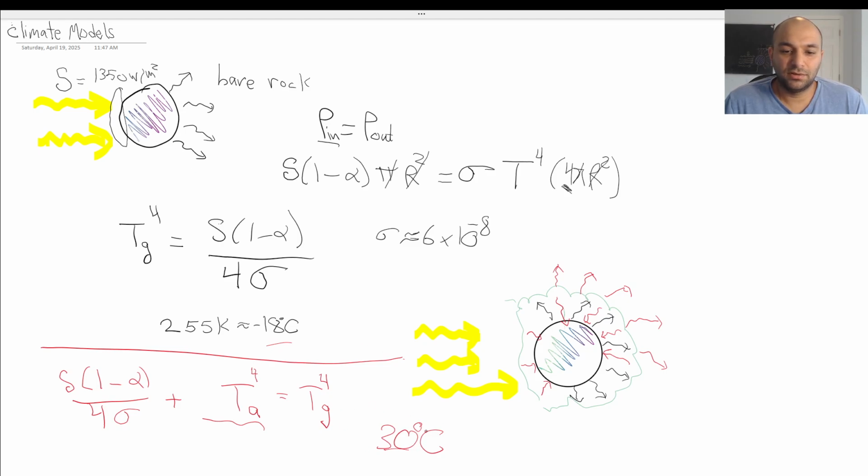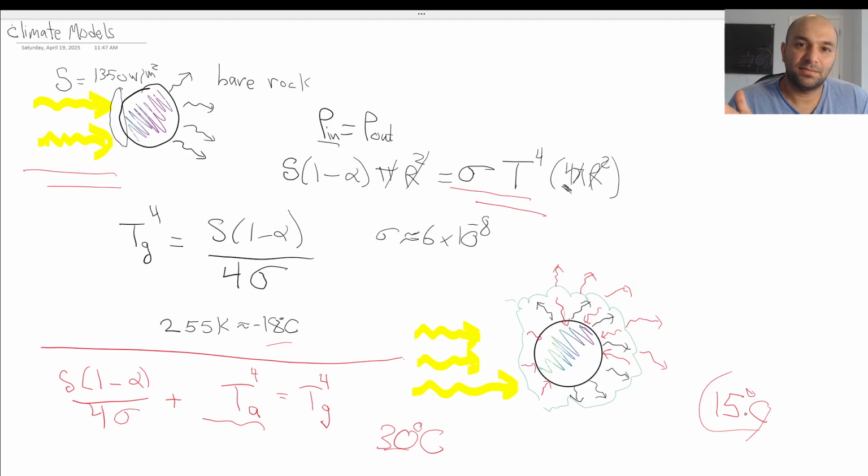The actual current Earth is somewhere in between, and I think the average is 15 Celsius. But I just thought it's pretty cool that with this basic model, all you need to know is the Stefan-Boltzmann law and the fact that there's a fixed amount of energy flowing through from the sun. You can predict the temperature of Earth and get roughly a correct answer.